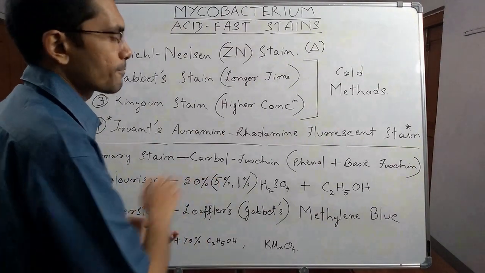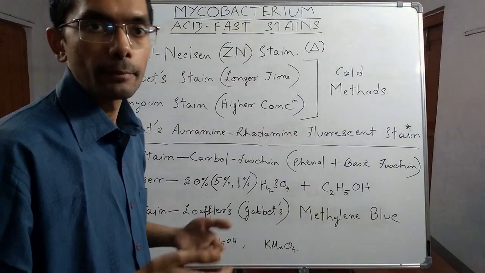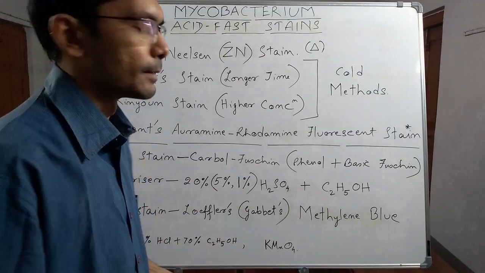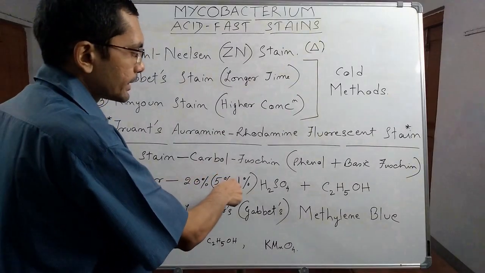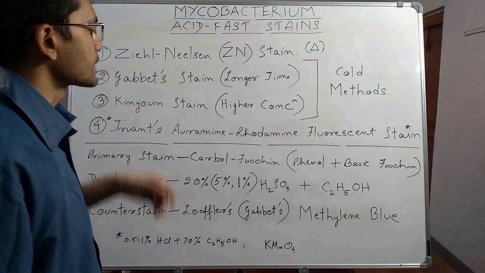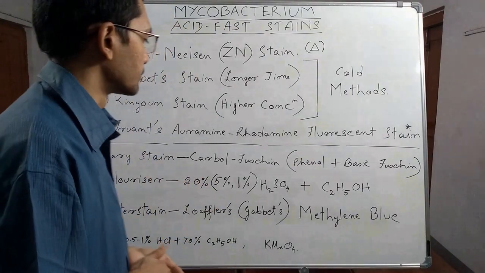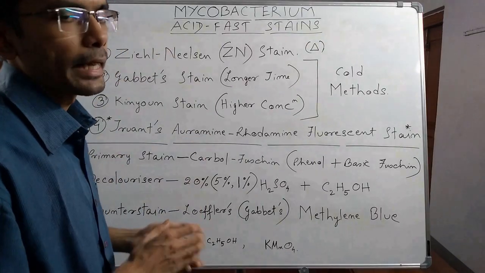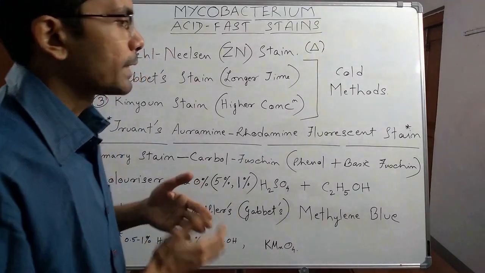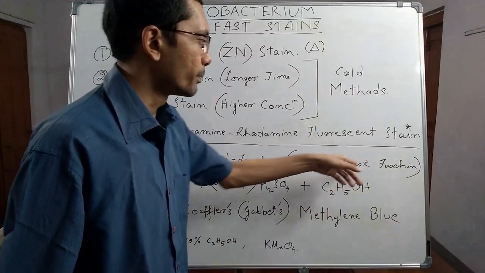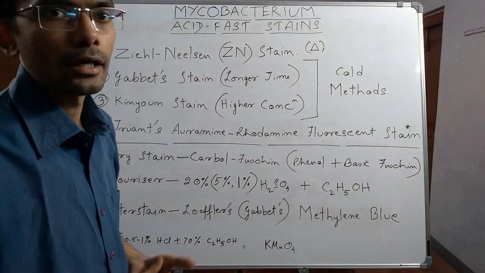When it is reduced to 5%, it stains Mycobacterium leprae, which causes leprosy. And when it is further reduced to 1%, as in Kinyoun stain, it helps us visualize Nocardia, the filamentous bacterium. And in all these techniques, the microscopic appearance is pinkish or reddish bacilli due to basic fuchsin in a blue background.